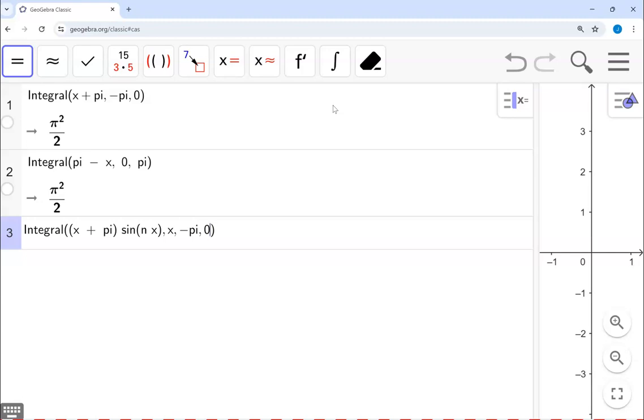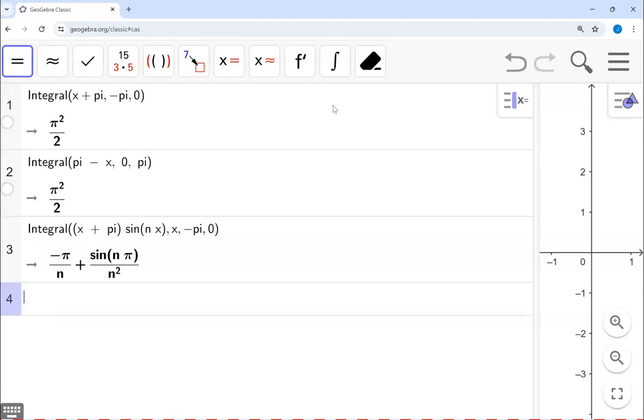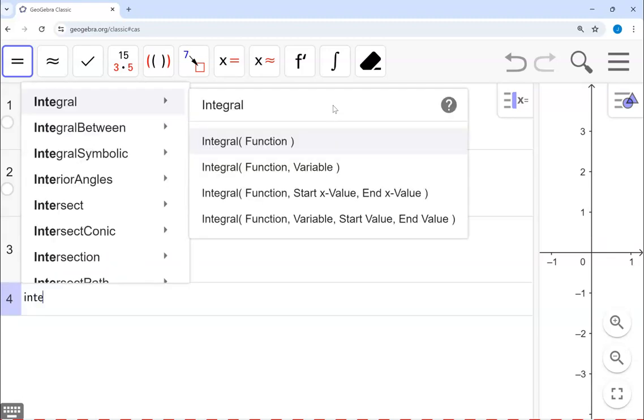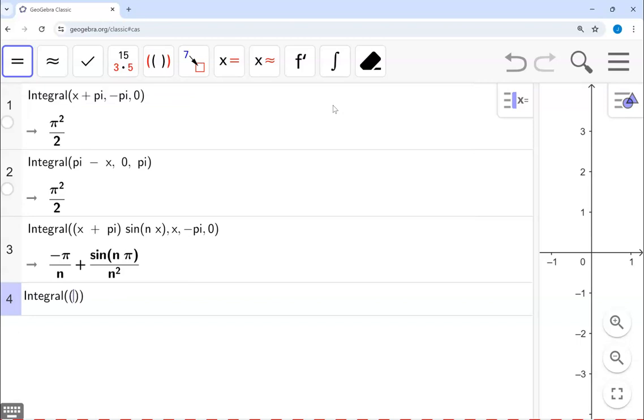Going from negative pi to 0. I have to multiply the function times the sine of nx. Do the exact same thing, except do the second half of the function from 0 to pi. So let's get that one, and then do pi minus x times sine of nx with respect to x from 0 to pi.